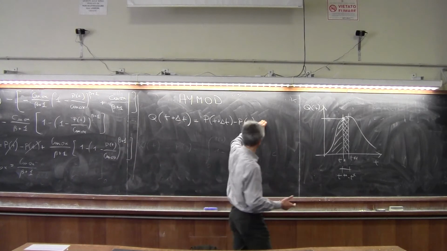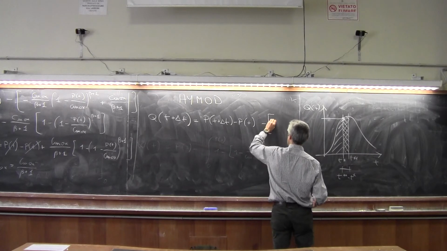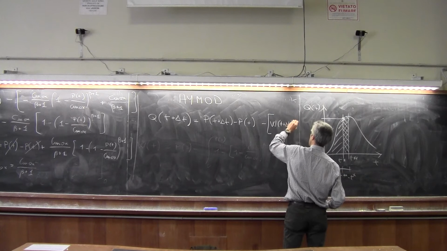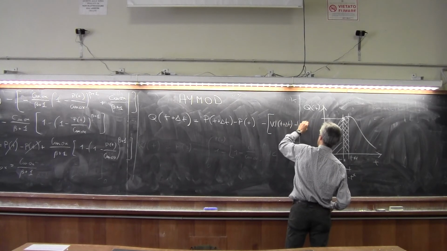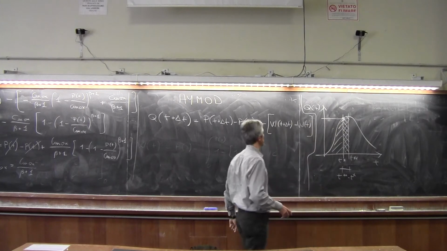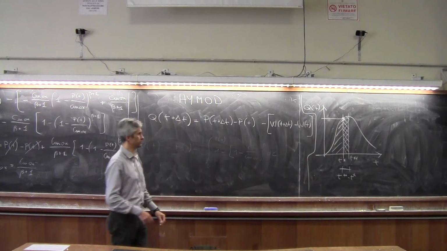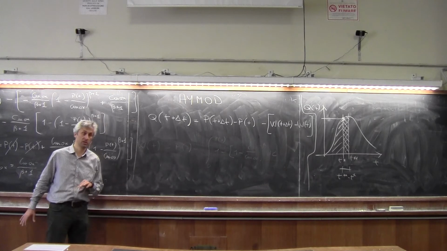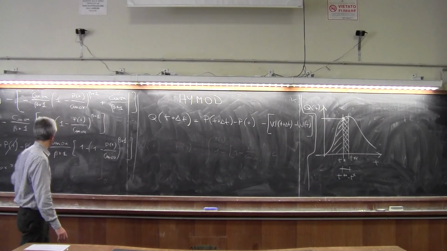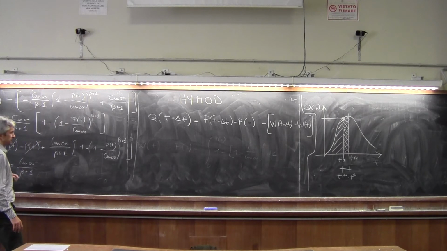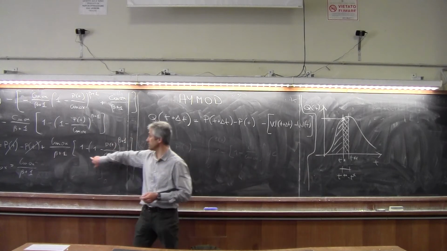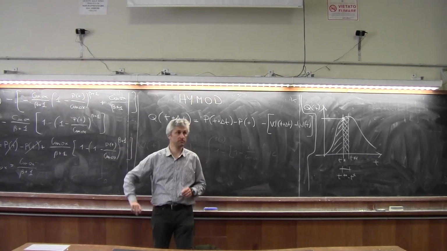So minus W at time t plus delta t minus W at time t. This is a computation that you have to make, and this is now possible because you have the rainfall data and you have the W data. W data can be computed at whatever time by using this relationship here.